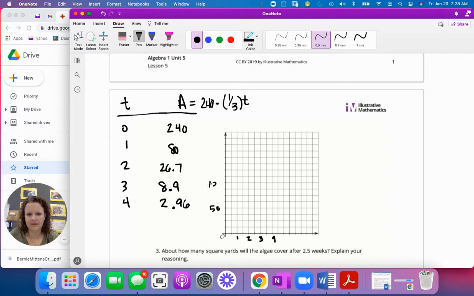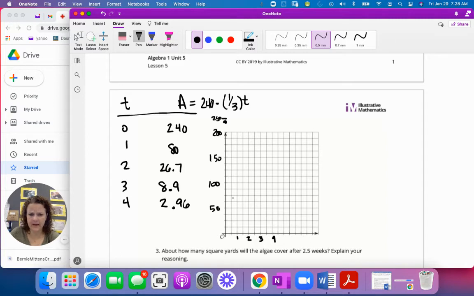I think this might work. That's 100. 1, 2. It's not. This is 200. So we're going to say this is about 250. So at 0, we're just there.